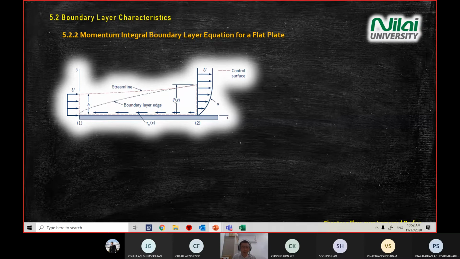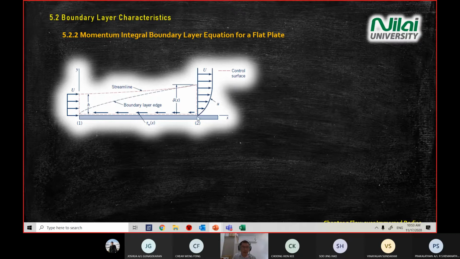Mathematically, we can write delta to represent our thickness as a function of x, because it's changing as we move along the x-axis. Our shear stress is also a function of x.